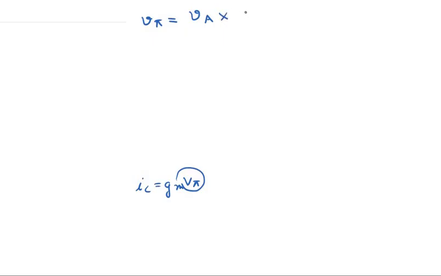So VA into R pi divided by RIB, where R pi is 1.53 kilo ohms, and RIB we have calculated to be 304.53 kilo ohms.